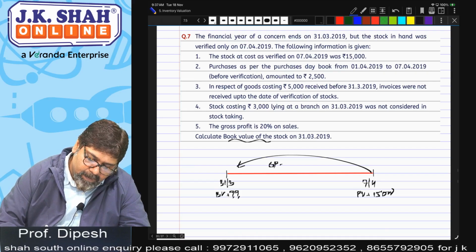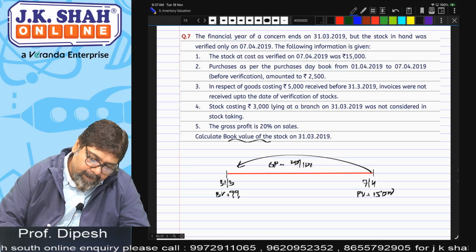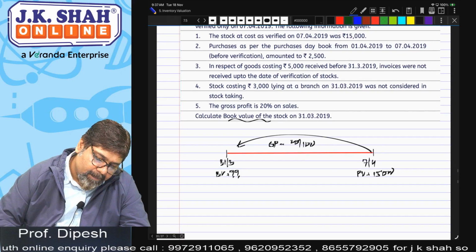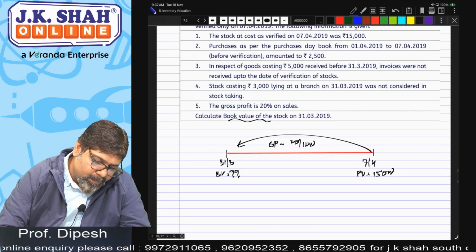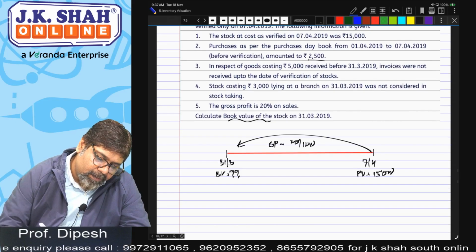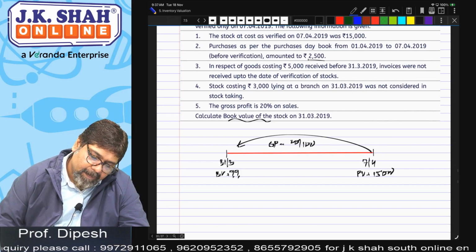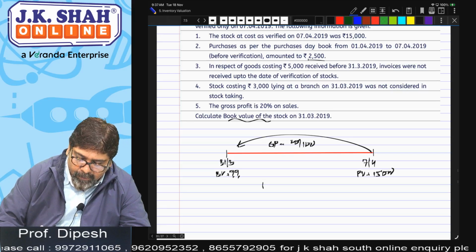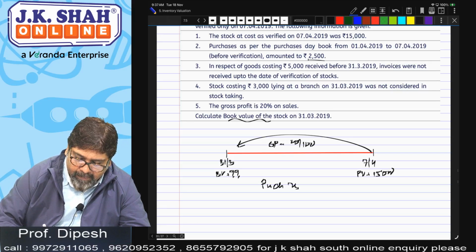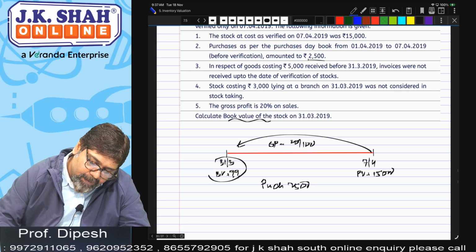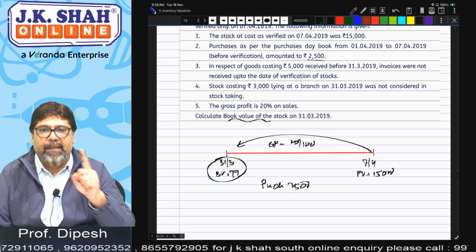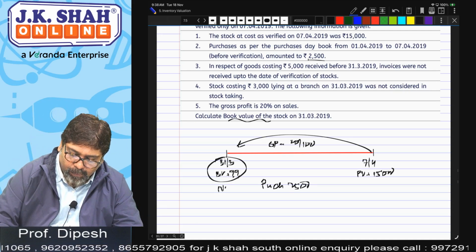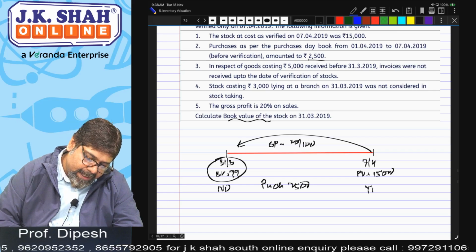GP is equal to 20 by 100. Purchase as per purchase day book amounted to 2500. So you have received the goods after 31st. Purchase after 31st means on 31st no, on 7th yes.